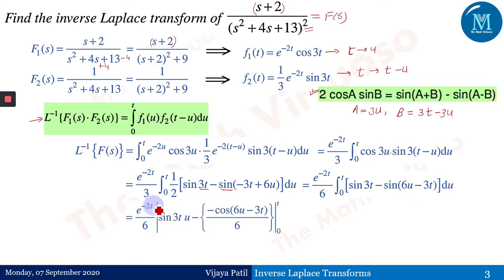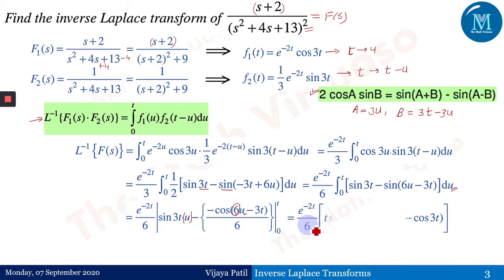So it's e to the power minus 2t by 6 times sine of 3t. Now if you observe this, the variable is u, whereas sine of 3t is a constant, and therefore the integration is sine of 3t into u, minus the integration of this sine, which is minus cos of (6u minus 3t) upon the coefficient of u, which is 6, because u is the variable.